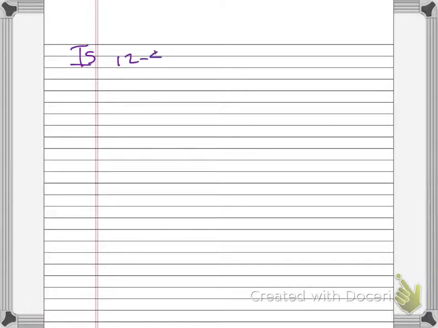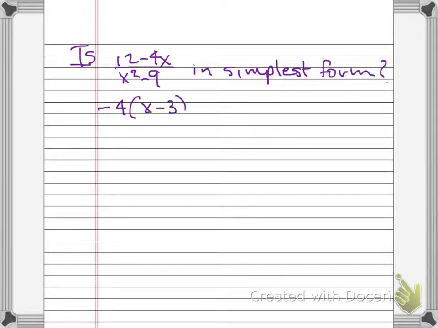We're going to look at one last example. Simplify 12 minus 4x over x squared minus 9 in simplest form. First thing we do is factor. And here I want you to remember the power of factoring out a negative 1.